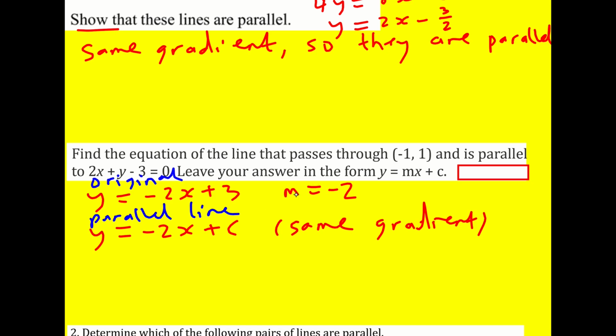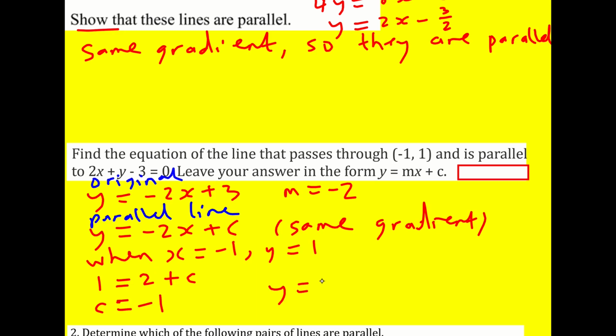Because now I can sub in the point when x equals minus 1, y equals 1. So 1 is going to equal 2 plus c, because it's minus 2 times minus 1. c is going to equal minus 1, and I'm done. y is equal to minus 2x minus 1.